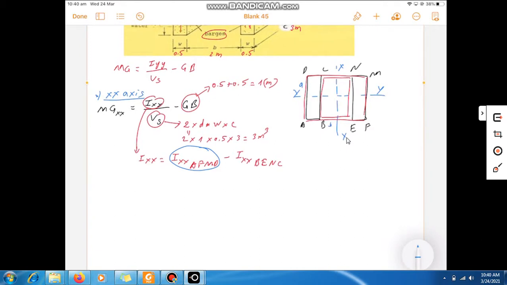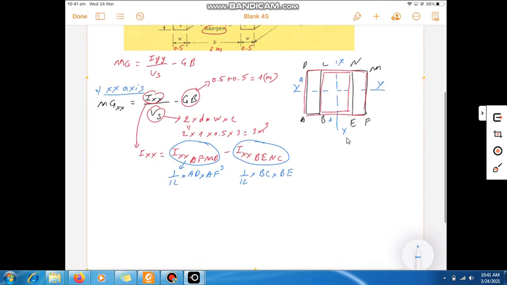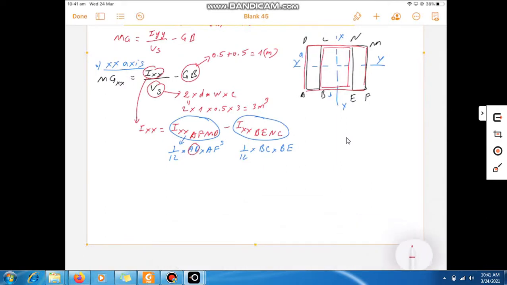Okay. So now with AFMD, we have a look at this file. We see the side parallel with XX is A, and the other side of the rectangle is B. Okay, so for AFMD parallel with X, we have A is AD and the other side is B. Okay, so Ix of AFMD will be equal to 1 over 12 times A, which is AD, times B to the power 3, B is AF to the power 3. Okay, and similar for Ix of B, E, and C. Parallel with the XX direction is A, 1 over 12.